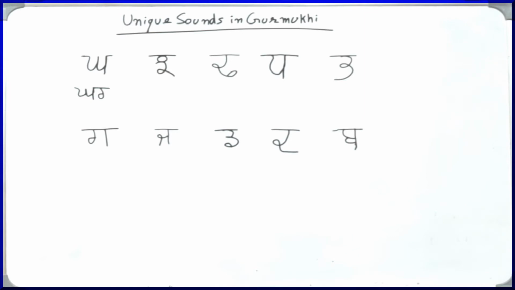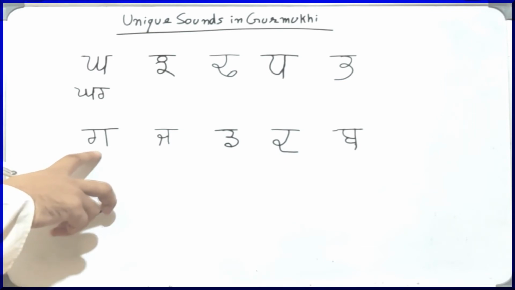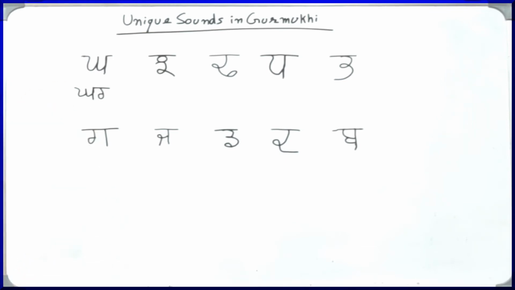In Hindi, you will be pronouncing it as Ghar. So the sound of Kagga will be coming here. But in Punjabi, we do not say Ghar, we say Kar. You have to say it with a force.